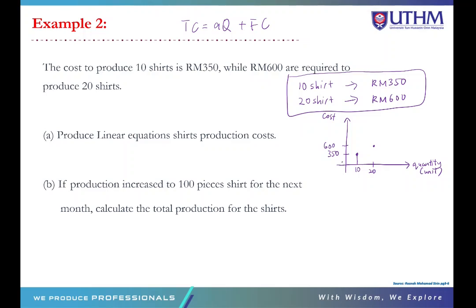So you can draw a straight line and get the equation for this linear line. How do we get the equation? You have the differences here, so you can get A, which represents the slope of the line. Then you need to find the intersection of the total cost line on the y-axis.